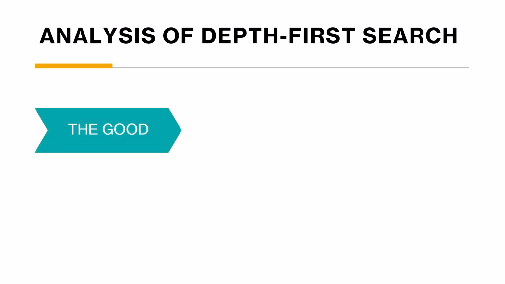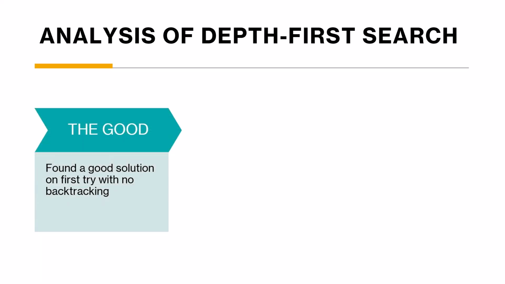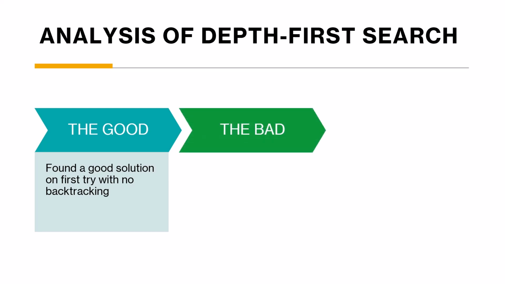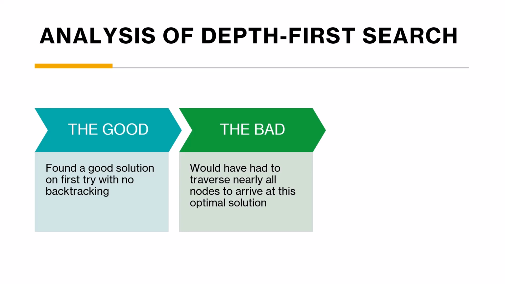Now let's analyze the depth first search technique. In our case, the good was that we found a good solution on the first try with no backtracking. The bad was, of course, that we would have had to traverse nearly all nodes to arrive at this optimal solution. Now remember, the term optimal is not really the best solution.